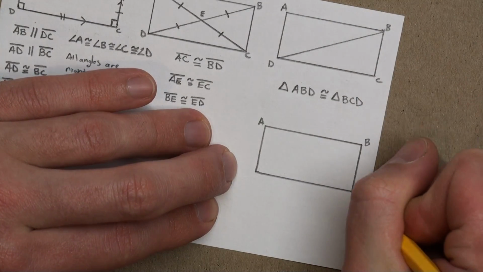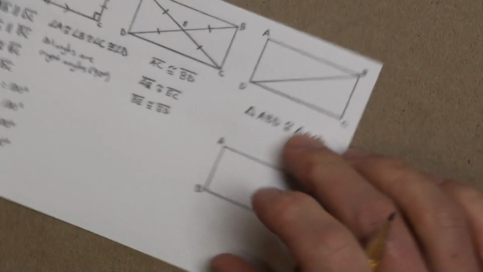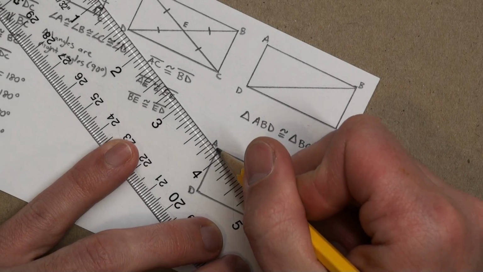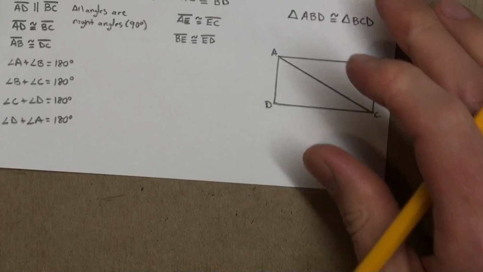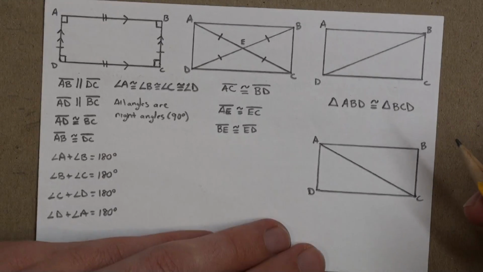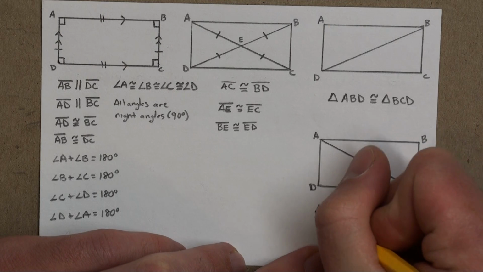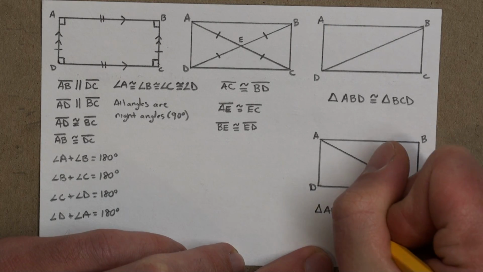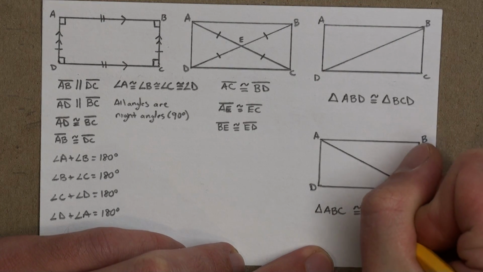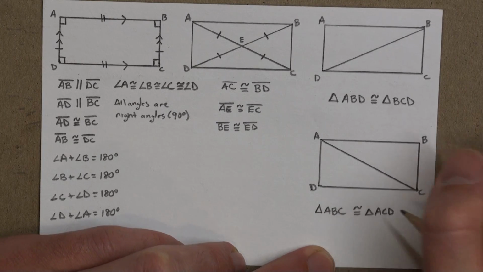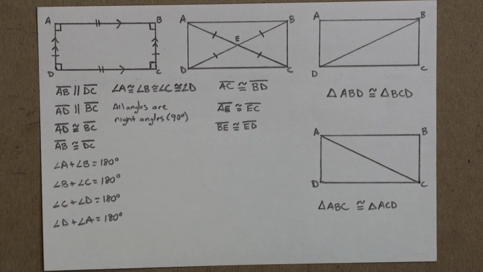A, B, C, D, and this time we'll have the diagonal going the other way, and we can say that triangle ABC is congruent to triangle ACD. So those are all your properties for a rectangle.